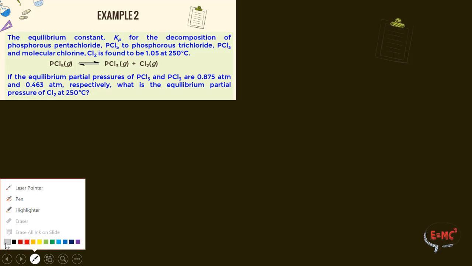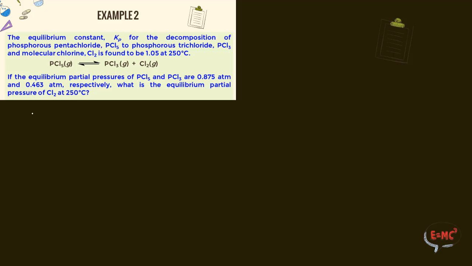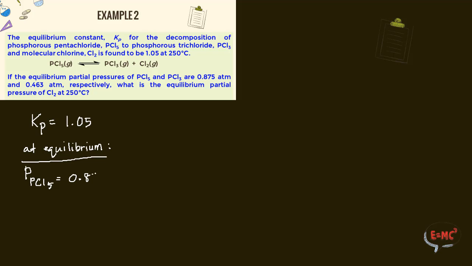Alright, so we have Kp value given, which is 1.05, right? And then we have the at equilibrium, the partial pressure of phosphorus pentachloride, which is 0.875 atm.